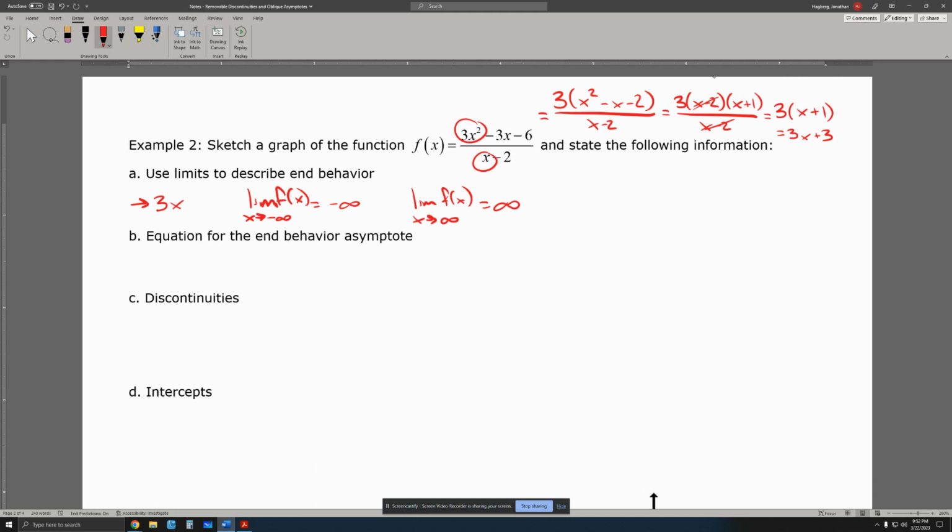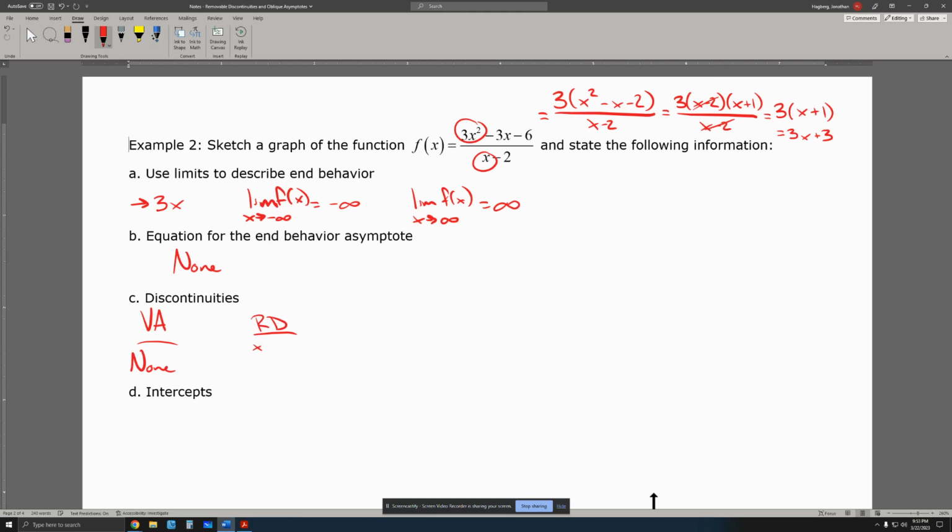Because we're approaching negative infinity and positive infinity, this does not have an end behavior asymptote in this case. For discontinuities, we'll start with vertical asymptotes. That's where the denominator equals 0. Well, we don't have a denominator, it's just 1. So therefore, there are no vertical asymptotes.